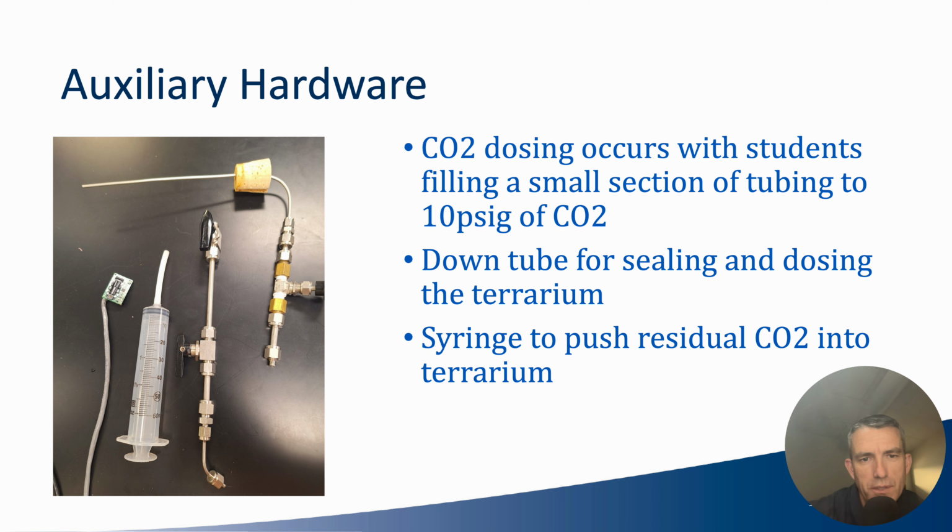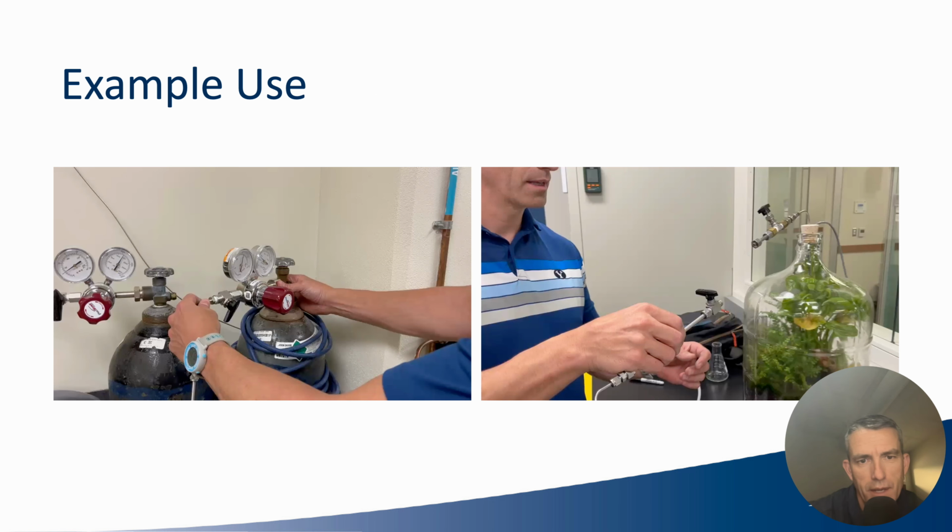We filled this tube section, like 2.5 cc's volume between the two valves, with 10 psi of CO2, and then you can connect it to this downspout that goes into the terrarium and seals it off, and it's valved as well with a little needle valve right here, and then you can push the residual CO2 through the tubes with this syringe, and then here's the size scale of, that's the SCD-30 that was shown in the previous slide. And here's a little video showing its use.